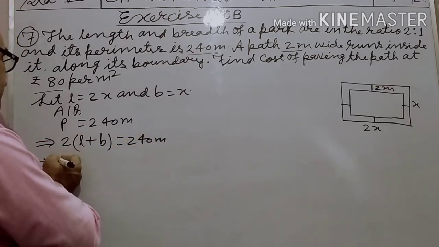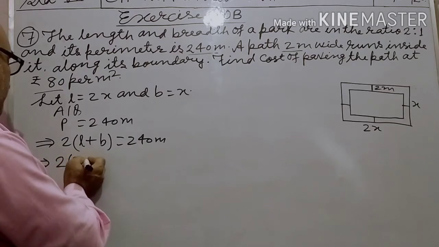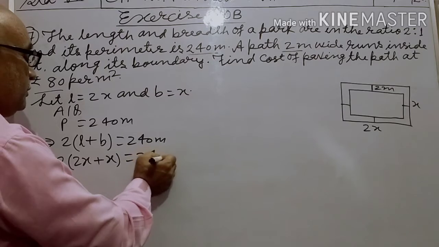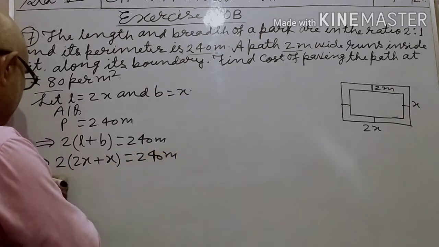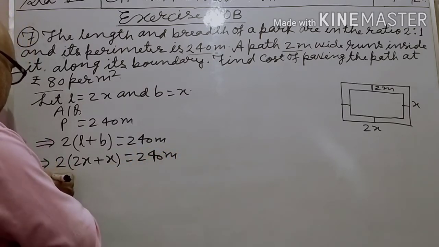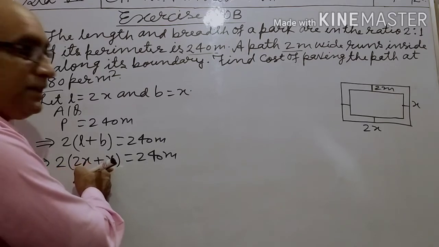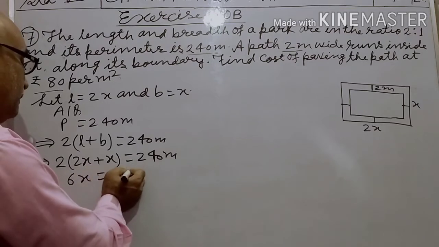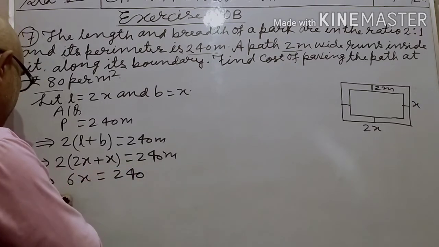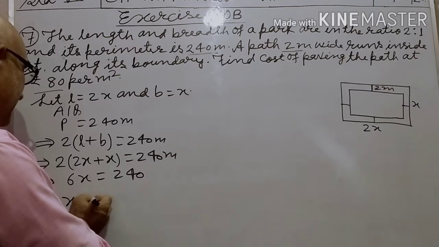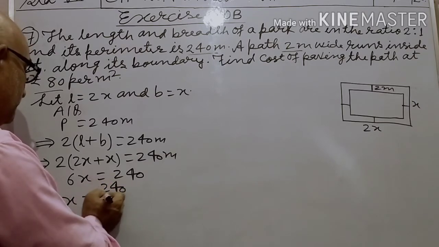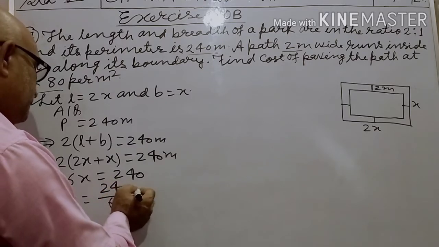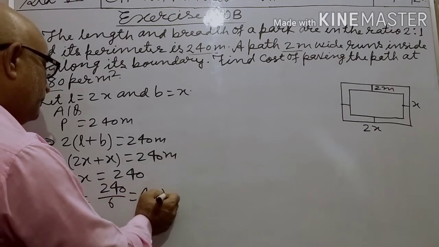That implies 2 into 2x plus x equals 240 meter. 2x plus x is 3x, 3x into 2 is 6x equal to 240. That implies x equals 240 by 6, which is 40 meter.